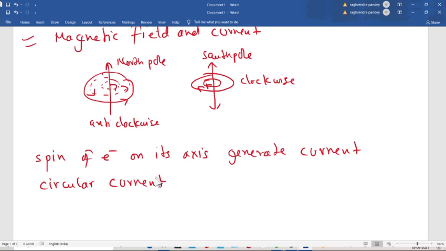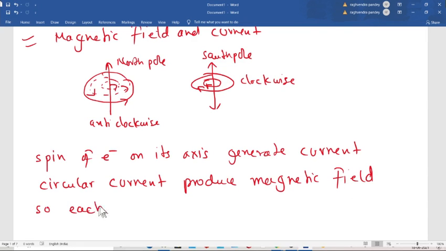According to Maxwell theory, circular current produces a magnetic field. So each electron behaves as a tiny magnet.